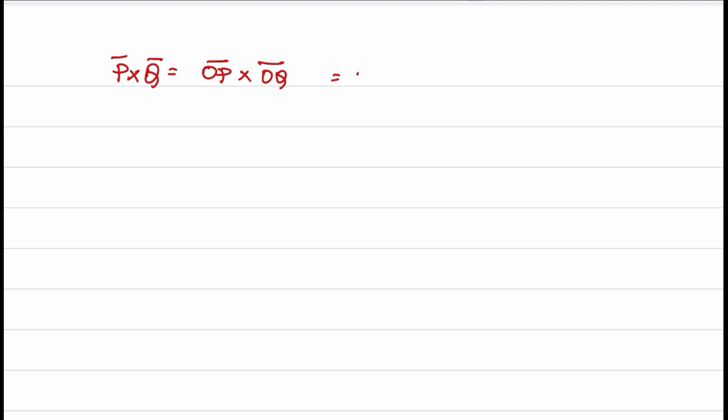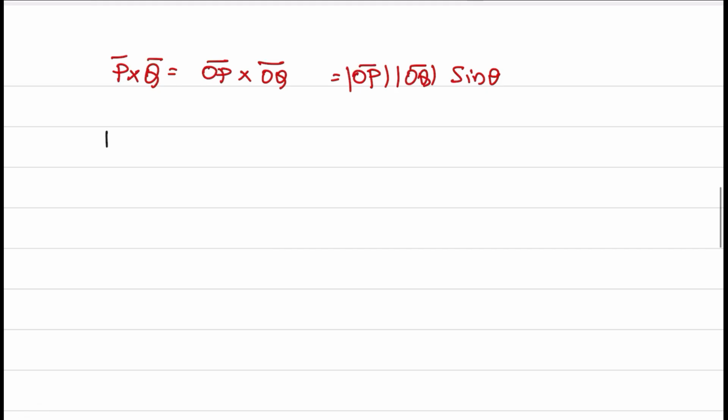This is nothing but OP into OQ sin theta. But here theta is not given. Here, in terms of XYZ components, it is given.